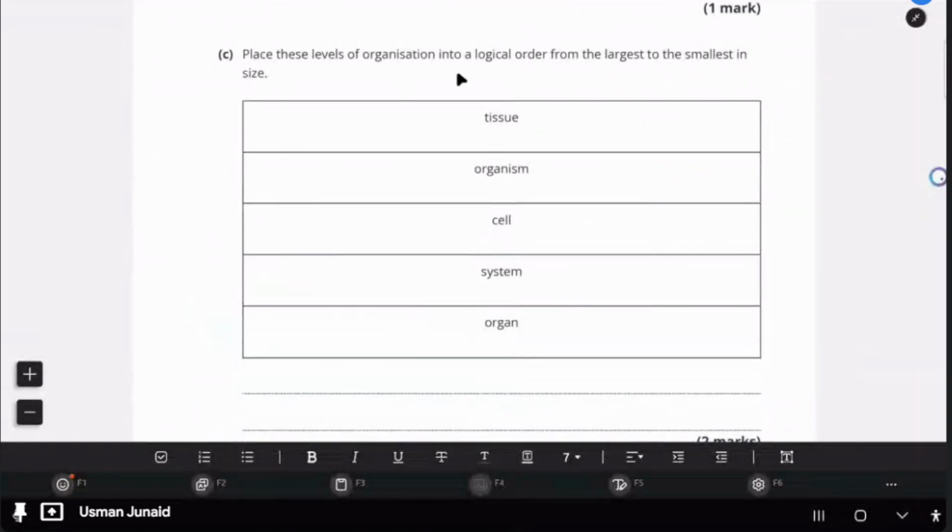Place these levels of organization into a logical order from the largest to the smallest. So which one is the largest? Organism. Right? So let's put one here. After that, what would be next? Organ. Can something come before organ?